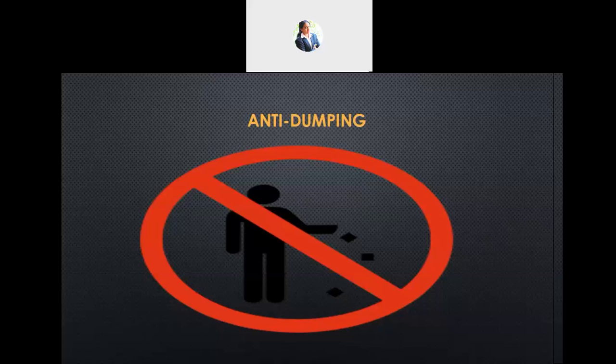Now, these might be the rules, but there are two different situations under which any country, or for that matter any exporter, is excluded from the scope of the anti-dumping investigation or the anti-dumping duties.